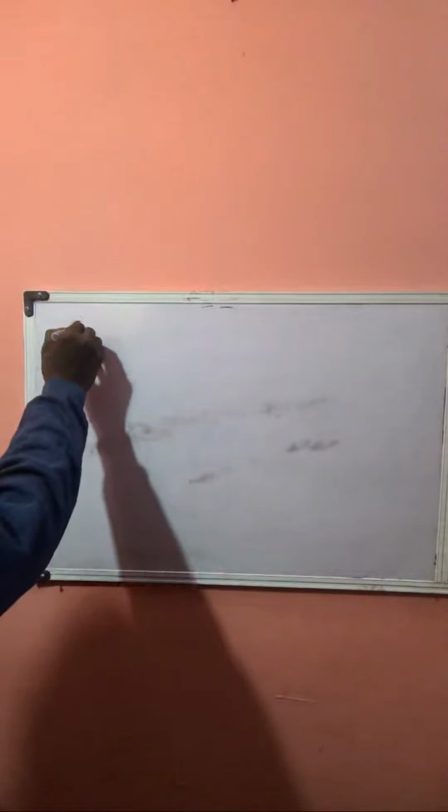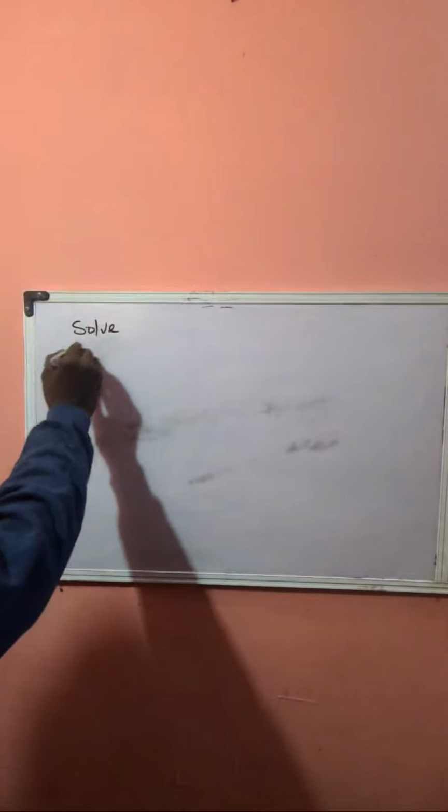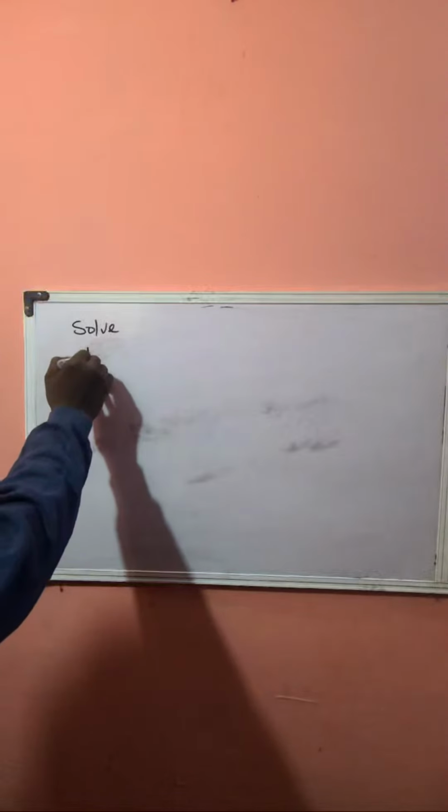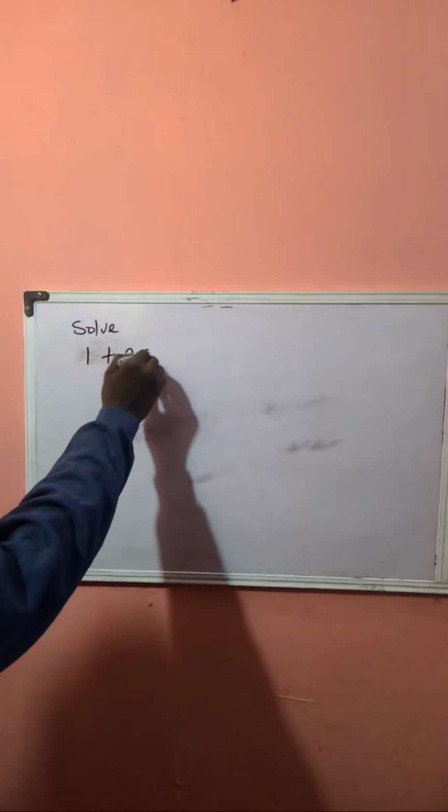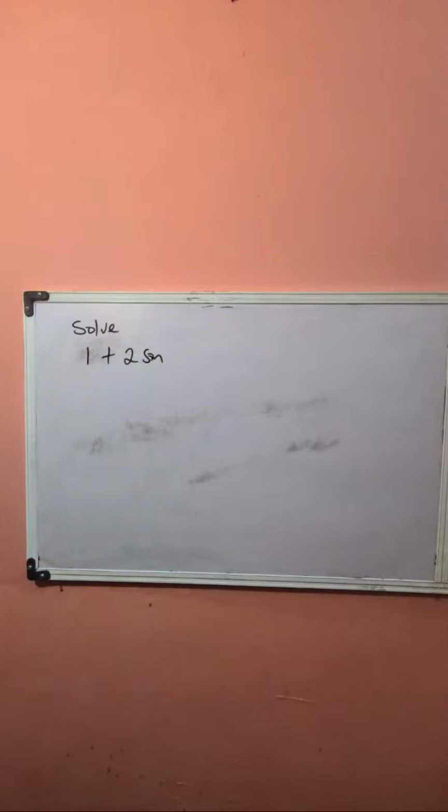All right, so we're told to solve this trigonometry equation: 1 plus 2 sine(theta plus 25) equals 2.532.